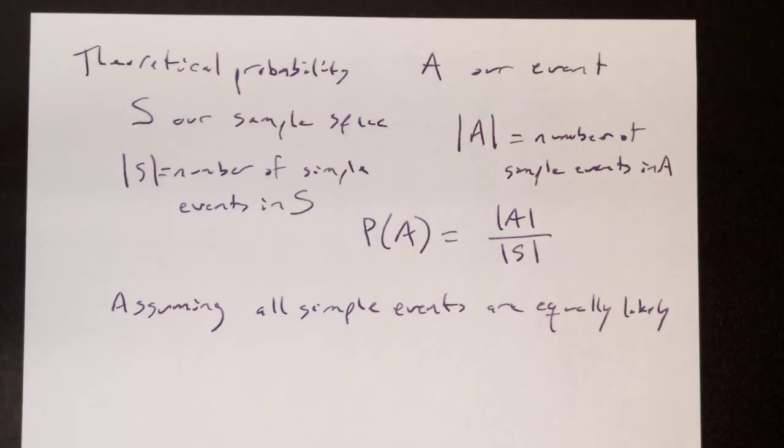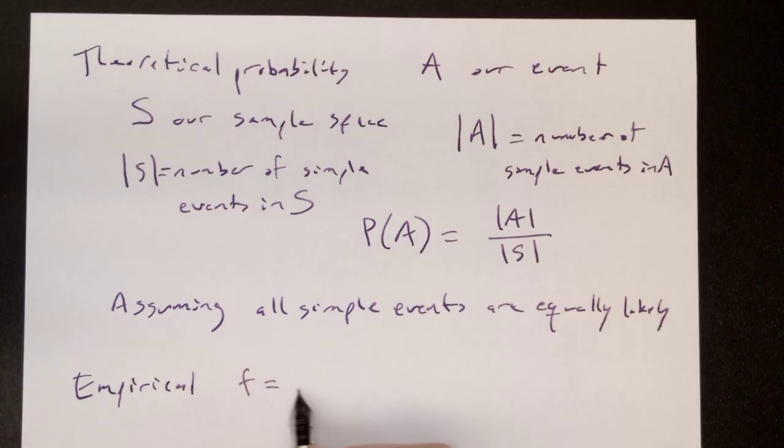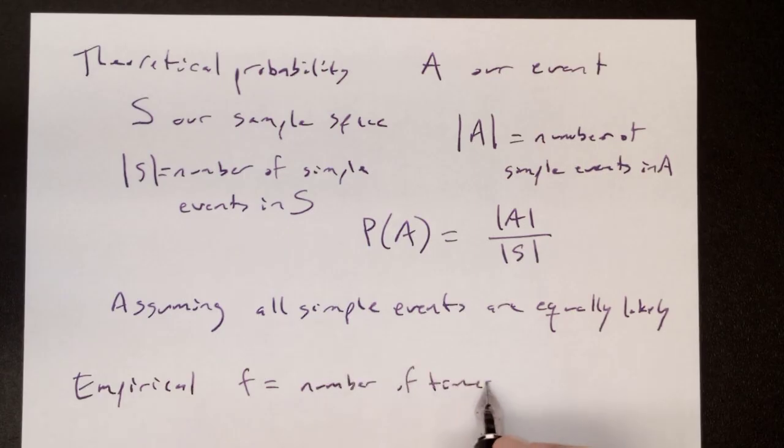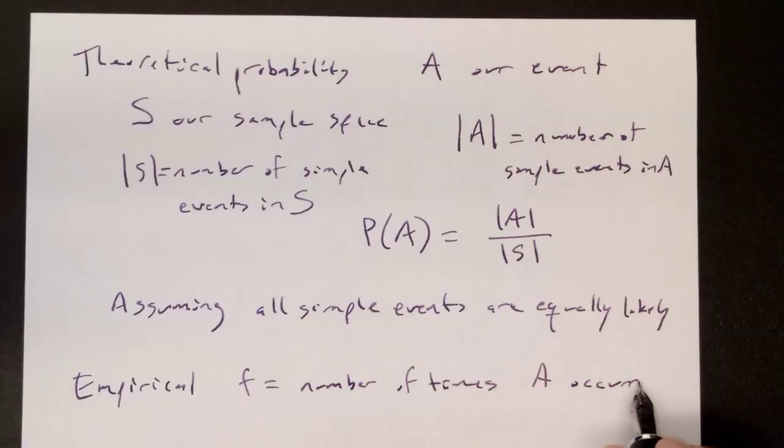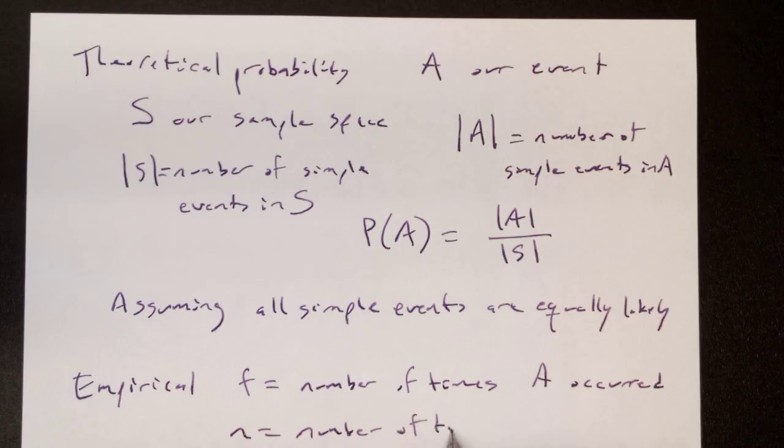This is the exact reverse of theory. Empirical says: do the experiment a whole bunch of times and tell me what you see. In which case, when I do empirical, I'm going to let F be the number of times A occurred. N is the number of times I ran the experiment.